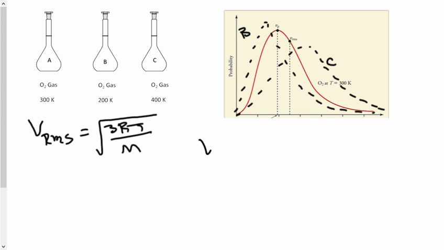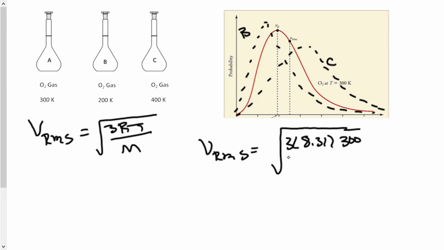The VRMS is going to be equal to the square root of 3 times 8.31 times the temperature in Kelvin of 300, divided by the molecular mass of 32. And that'll give us 15 meters per second, to two significant digits. So if we go back to our original graph, that means 15 meters per second is located right here.